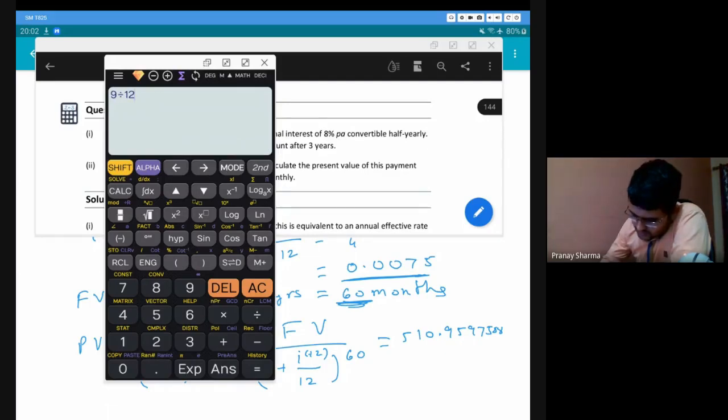Then where is my above equation? One minute, I'll do it again. I'll have 800 divided by 1.0075 raised to 60. Okay, it is 510.95975, I think.